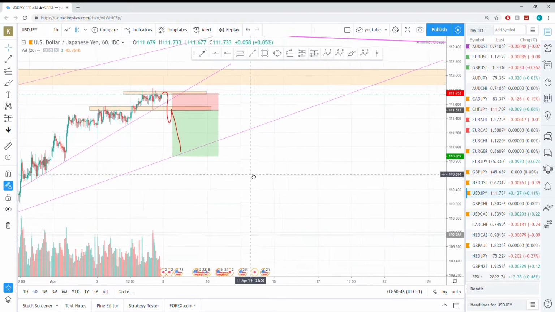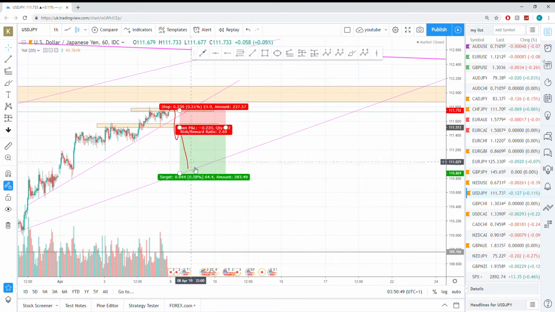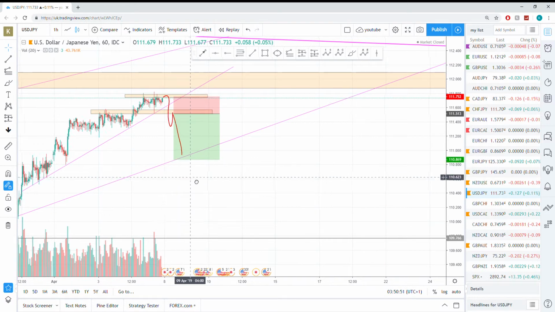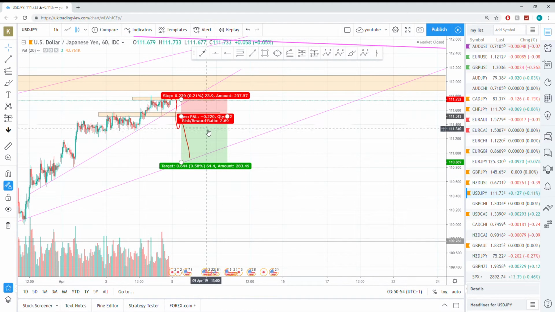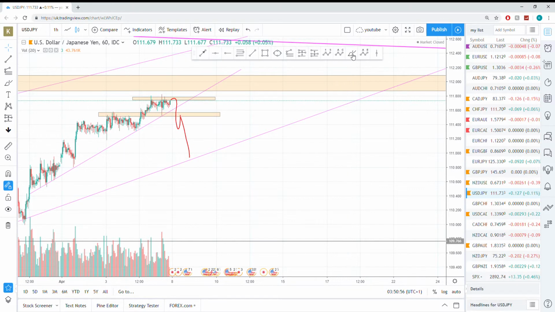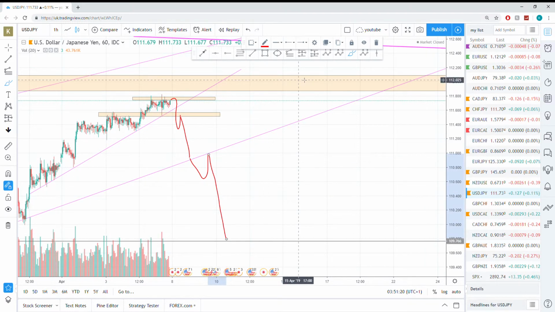If this scenario does actually happen, and price does continue to go down and there's no sensitivity to this point, I would be more likely to look for something like this again. So a complete push, then a retest, which is the exhaustion, and then we wait for some sort of price action to signify a further push downwards.